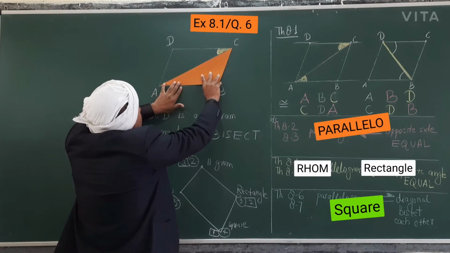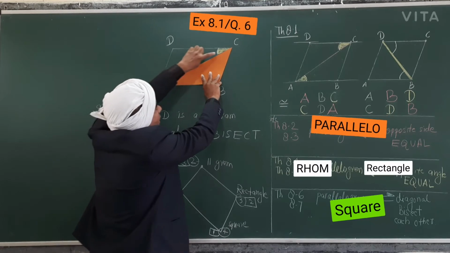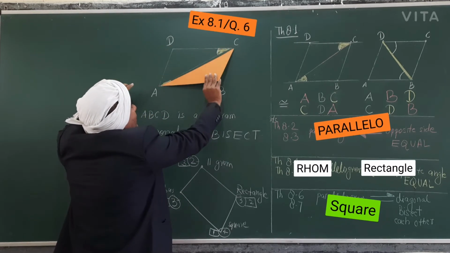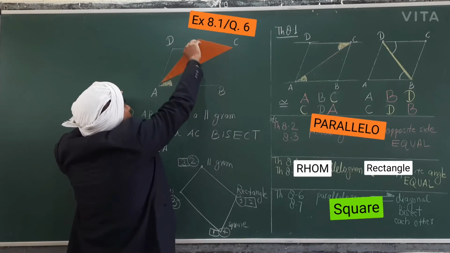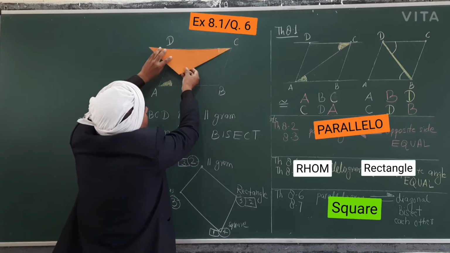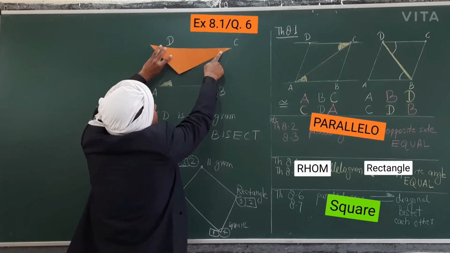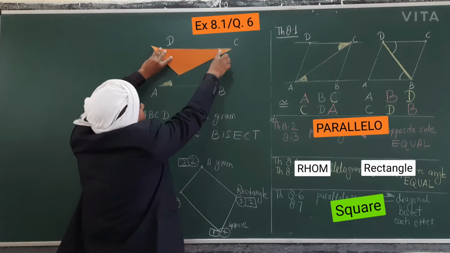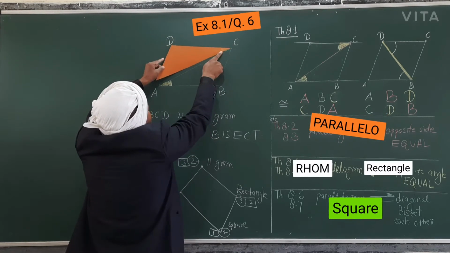If this angle is equal to this, I have to hold this angle here, and for that I have to change. This will not work. So I have to change here, and this angle equal to this. Okay, because this angle is equal now. Keeping it here, I can change.